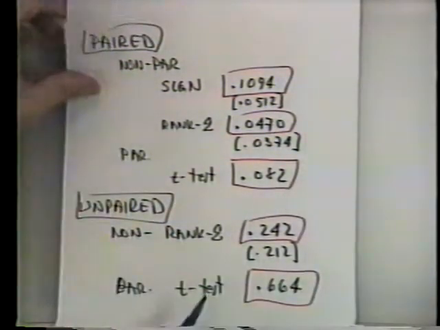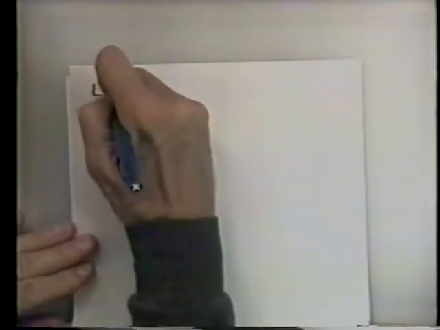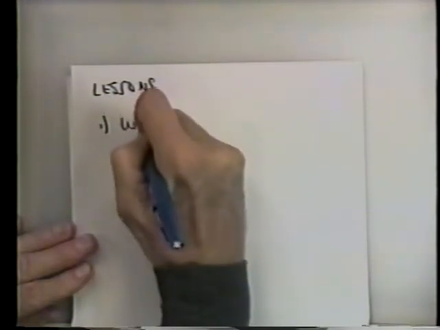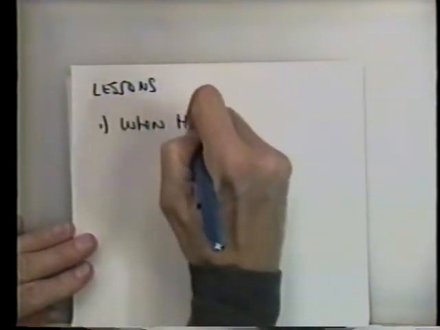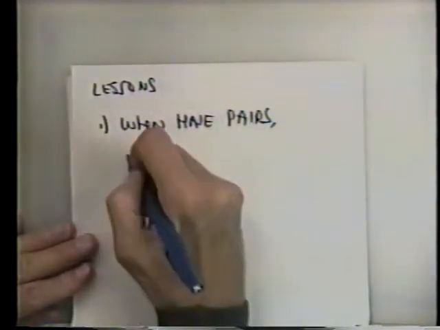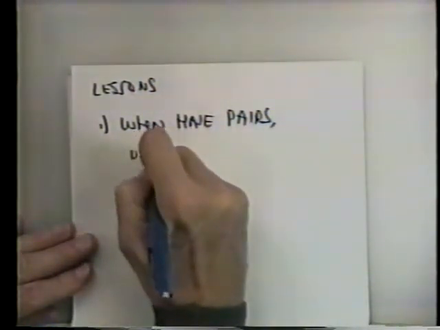So let me write that down. The lessons from this, just to repeat them, are, first of all, when we really have pairs, it's really helpful to use a paired test.